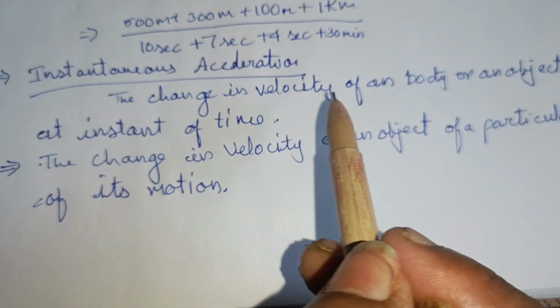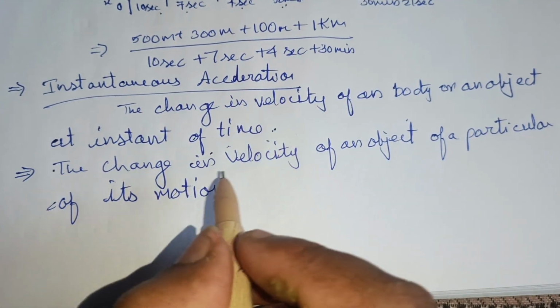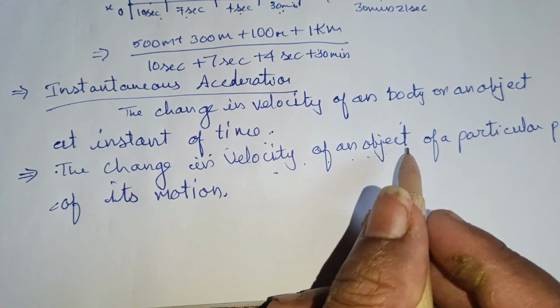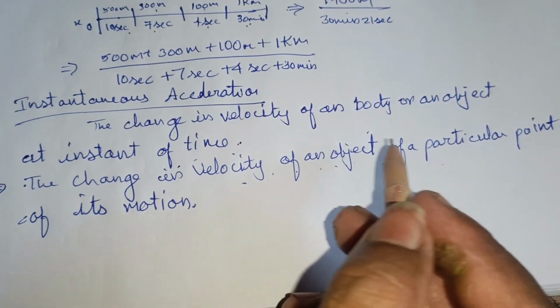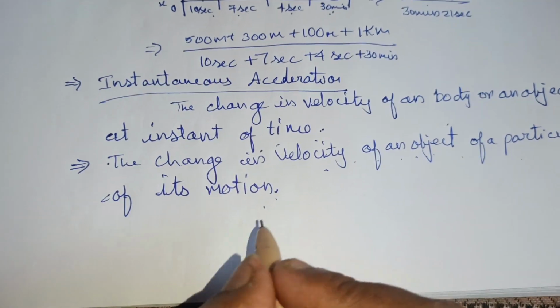Instantaneous acceleration means the change in velocity of a body or an object at that instant of time, or the change in velocity of an object at a particular point in its motion.